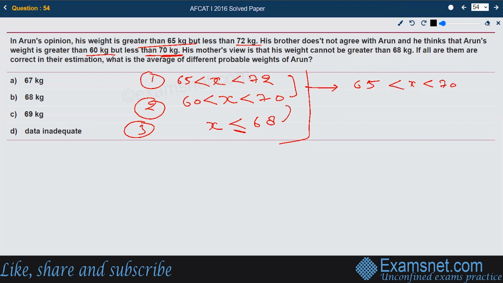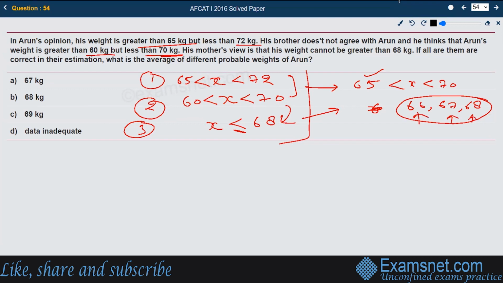Then if we include the third statement, it has to be lesser than or equal to 68. So the three values are 66, 67 and 68, because it has to be greater than 65 and lesser than or equal to 68.